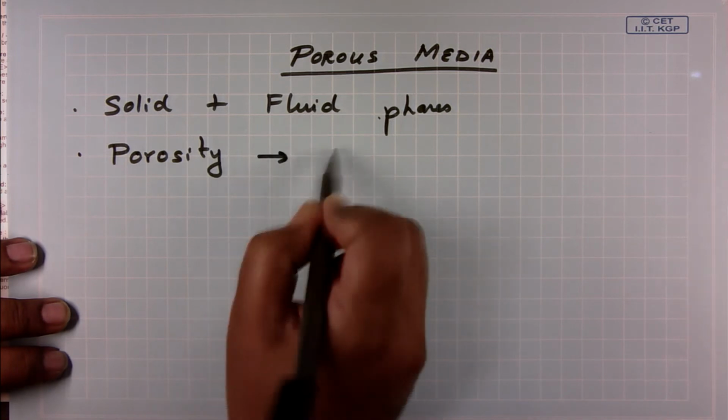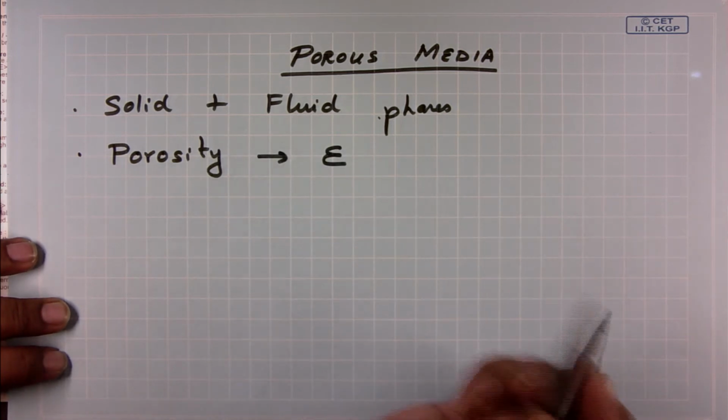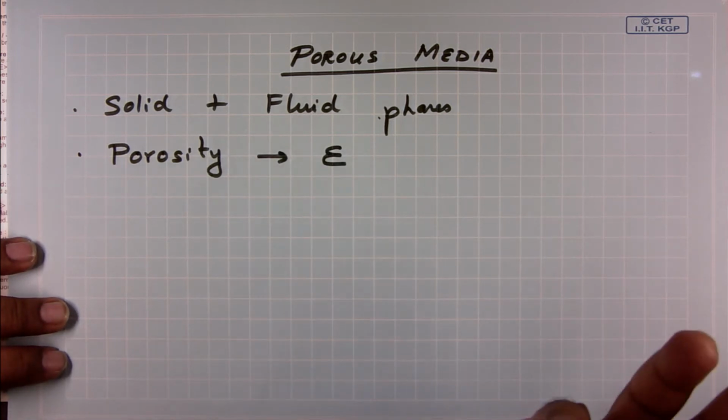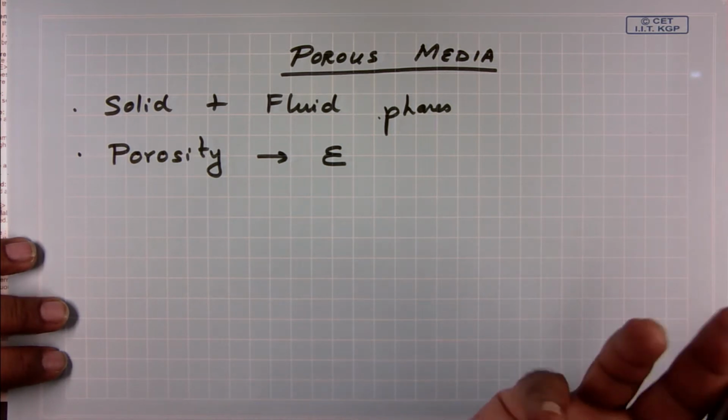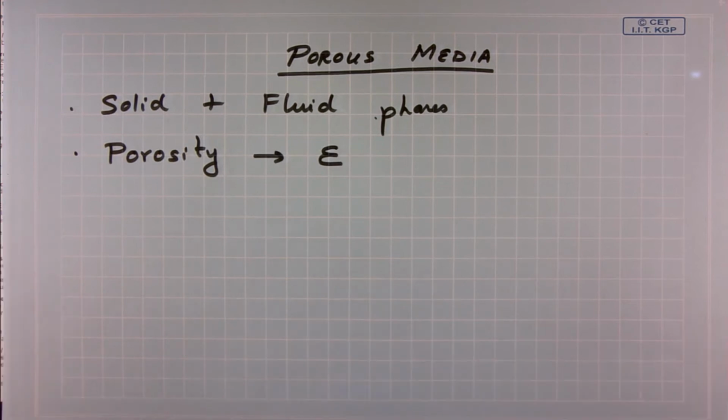The first one is called porosity. So, porosity is the void fraction by volume or the fluid fraction by volume, right. So, when we talk about a low porosity medium, it means that it is primarily solid, but has some voids or interstices in between. When we talk of a high porosity medium, what we mean is most of it is fluid and very little is solid. Okay.